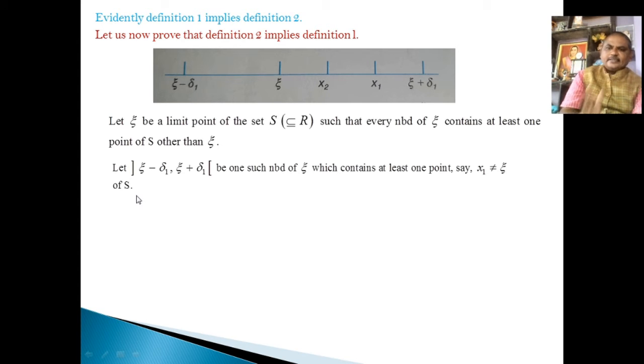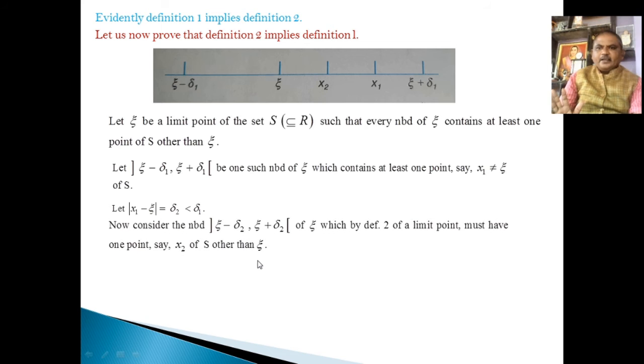Let the modulus of x1 minus zeta equal delta 2, and this delta 2 is less than delta 1.